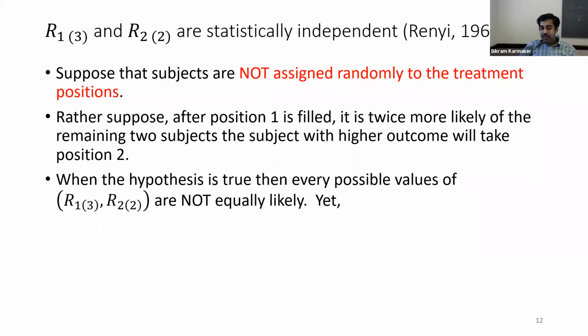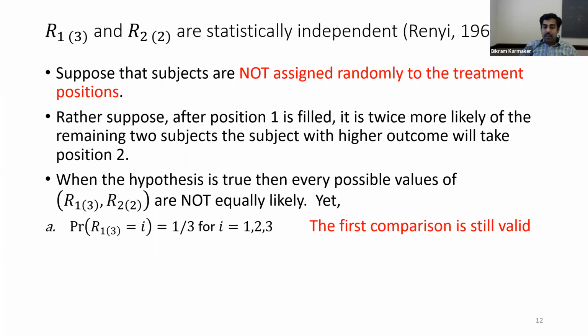If that happens, then under the hypothesis the previous proof does not work, because all possible values are not equally likely. Yet we can show, and it's not hard to show, that the probability that R1(3) equals i still remains the same as before. The first comparison still remains valid.